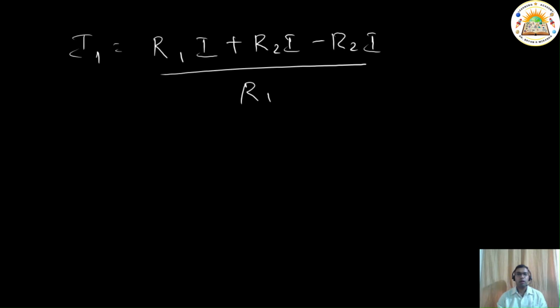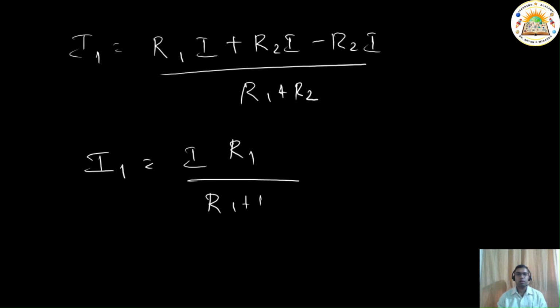So I1 becomes R1 times I plus R2 times I minus R2 times I by R1 plus R2, or I1 is equal to I R1 by R1 plus R2.